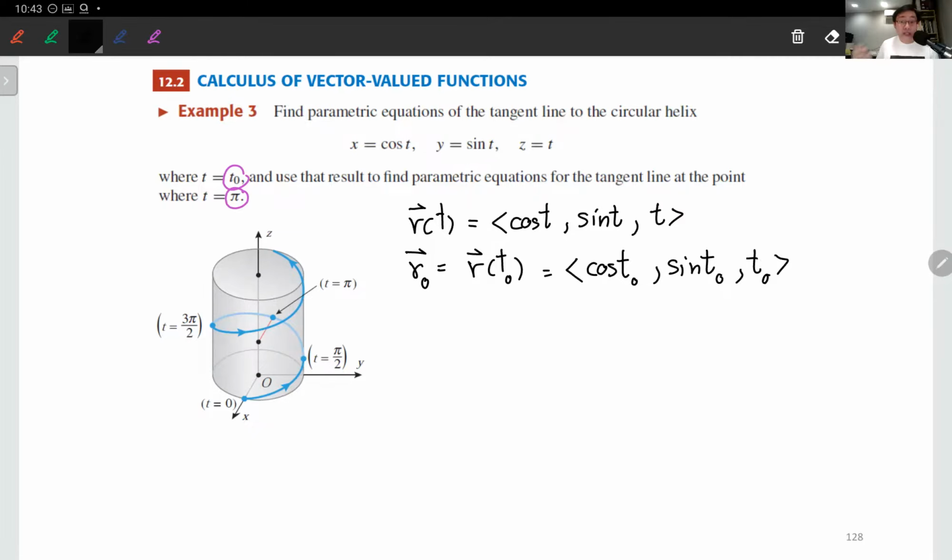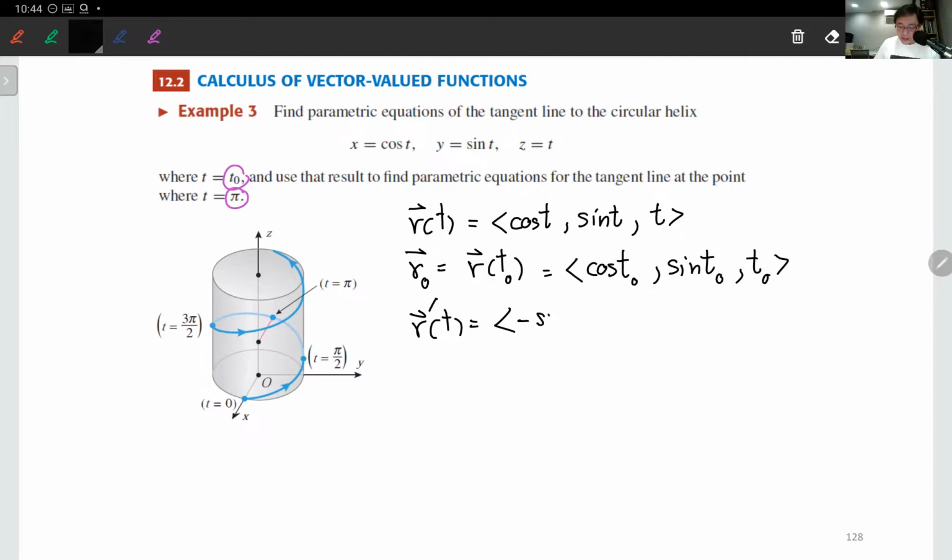That is your starting point. Once you have the starting point, now you want the direction. Which direction do you want to go? You want to go in the tangential direction, right? So you're going to get the tangential direction from r prime. First you figure out r prime, and the operation is simple: do the derivative component by component.